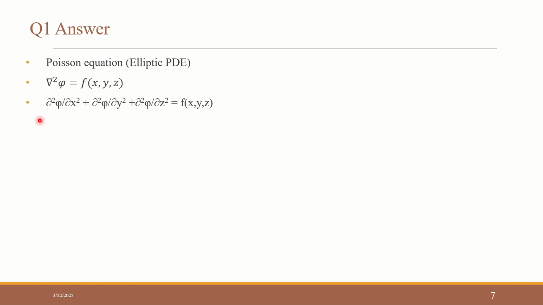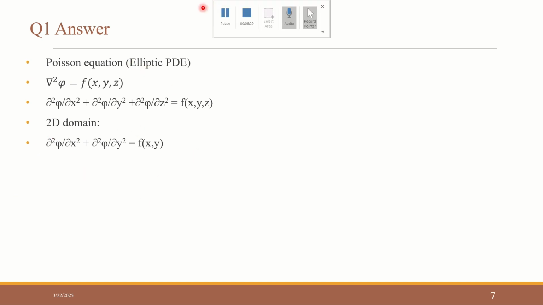So it is dou square phi by dou x square plus dou square phi by dou y square plus dou square phi by dou z square equal to f of x y z. So in a two-dimensional domain, what will we get? We will get dou square phi by dou x square plus dou square phi by dou y square equal to f of x and y. This is the equation for us in a two-dimensional domain.